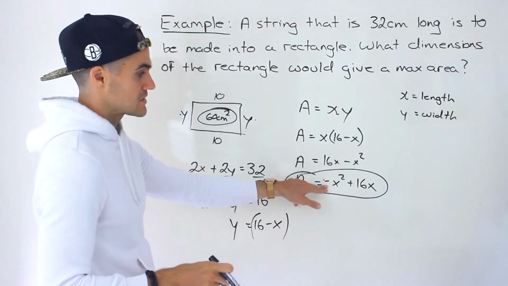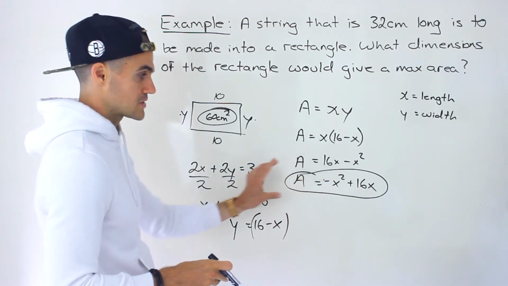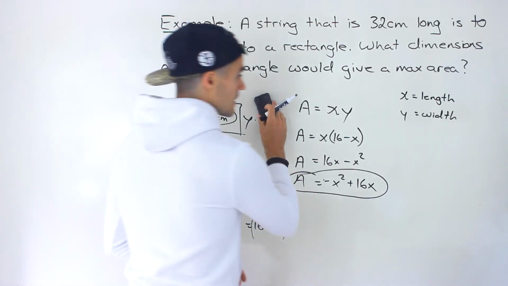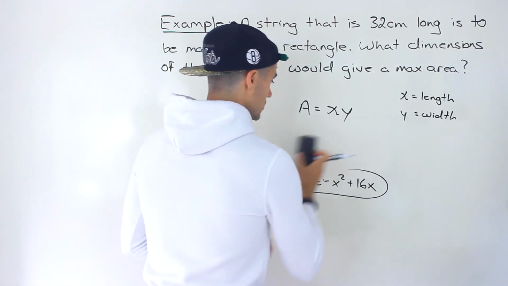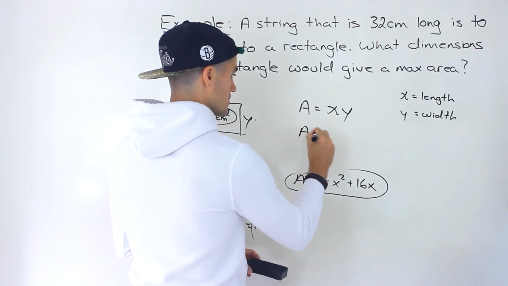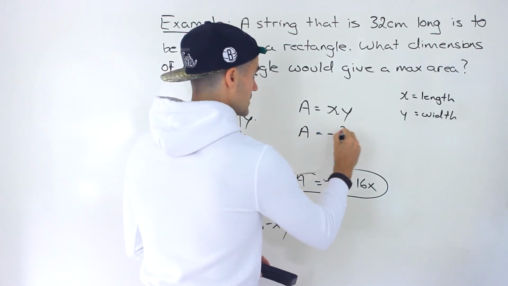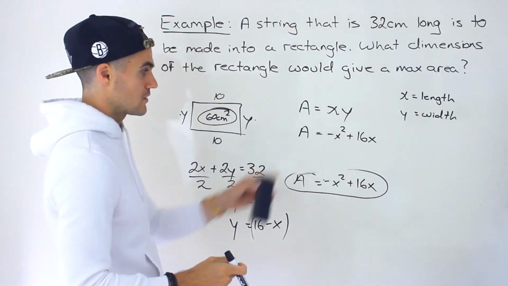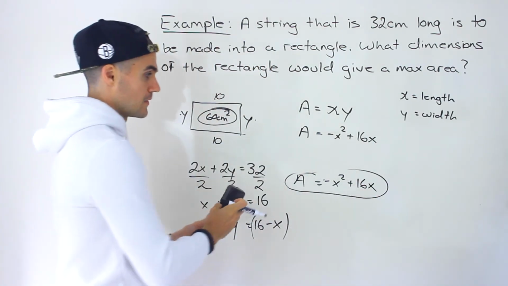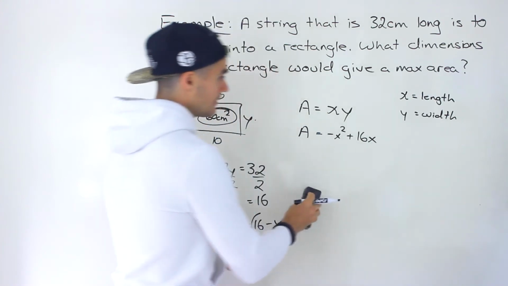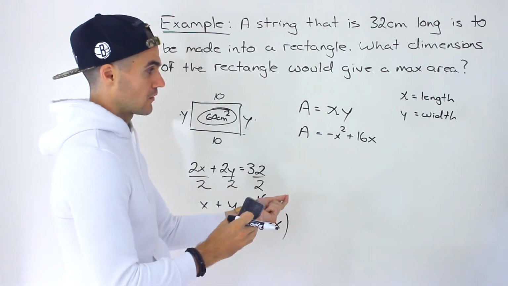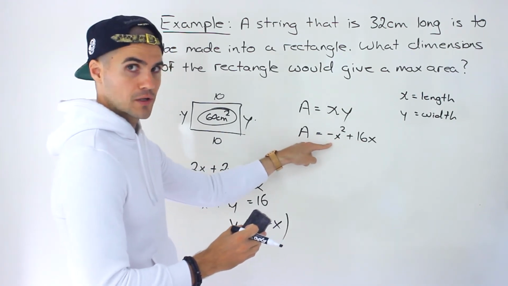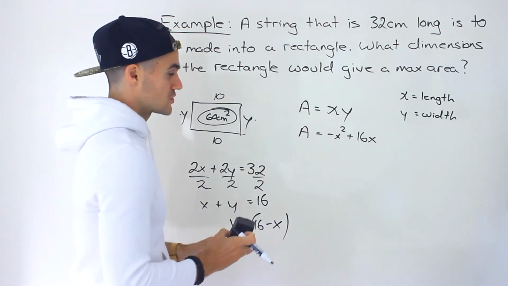But what's nice now is that we generalize this, and now it's in terms of a variable. We're not just dealing with a specific case. So let me write out this area quadratic right here. We can find when the area is going to be a maximum, and we can get that by completing the square, changing this quadratic from standard form to vertex form.